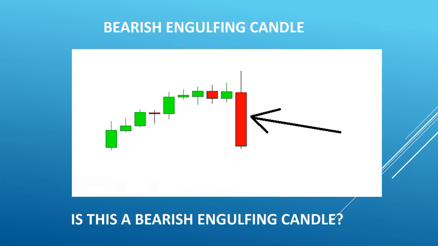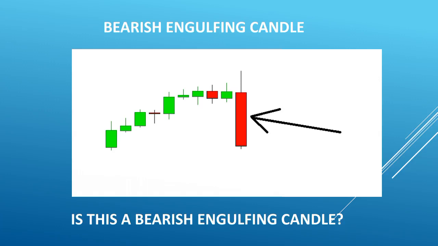Now we have a question on the bearish engulfing candle. On the screen, we have the arrow pointing to a long red candle that covers almost the entire bullish trend on the screen. It covered virtually all the candles except the first green candle on the left.